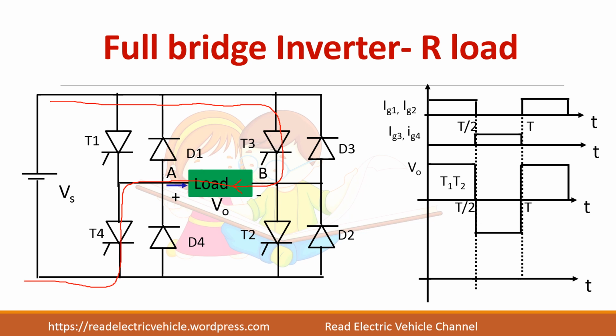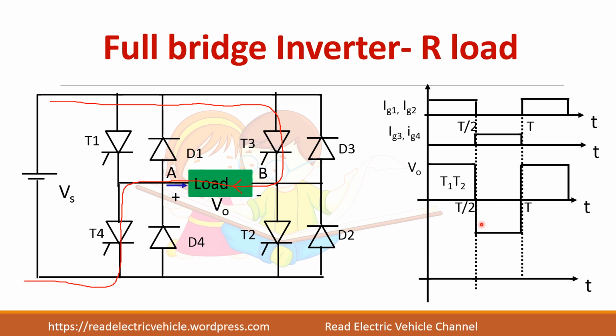When T3 and T4 conduct, you can see the gate pulse is given at the time instant T by 2. When T3 and T4 start conduction, current flows from B to A, and the B point of the load is connected to positive Vs and A is connected to negative of the supply.